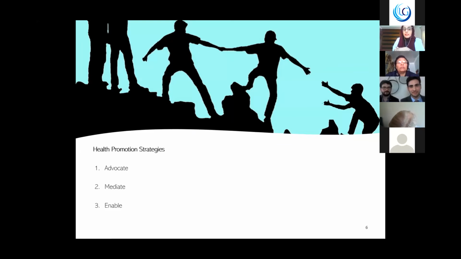Mediate means that a practitioner can mediate between different organizations and communities, private or governmental, to control health risk factors. Enable is more related to the individual: how we can support individuals with necessary information and skills, and consider the individual a partner in taking decisions to maintain or take care of their health.